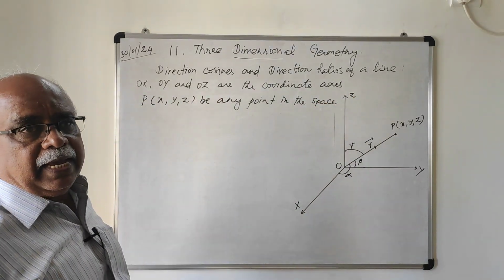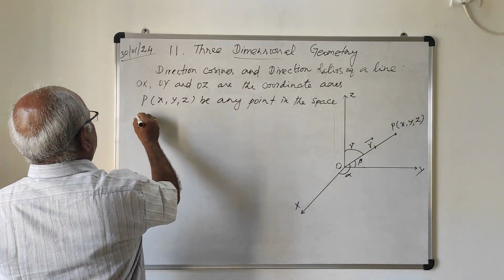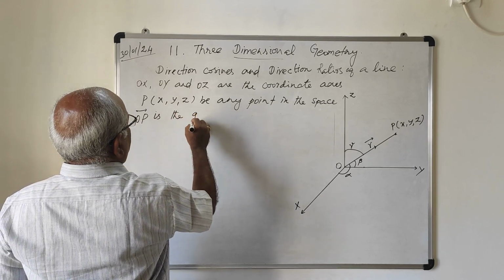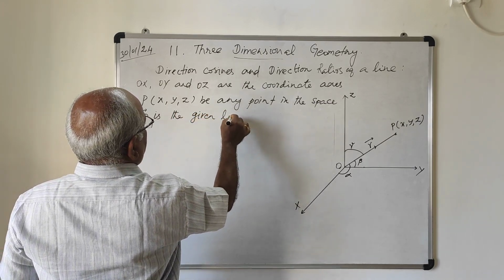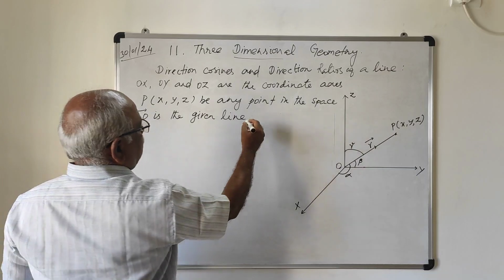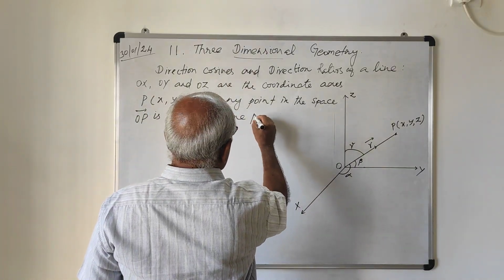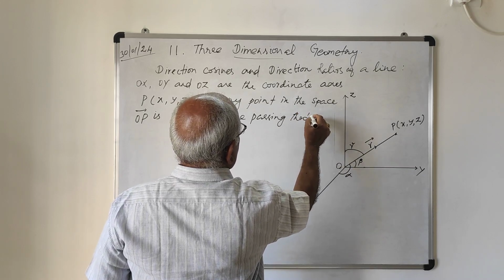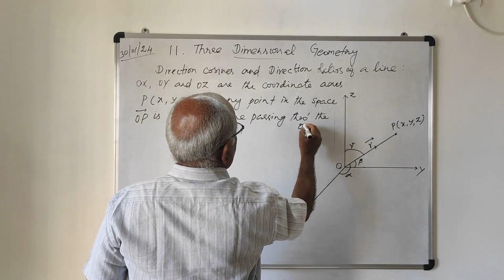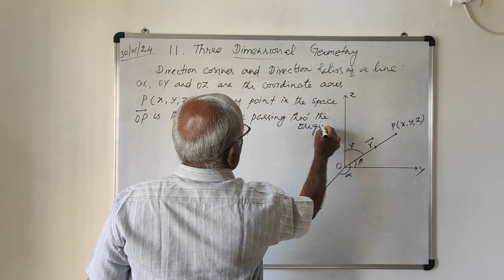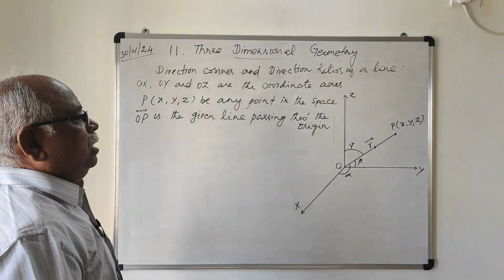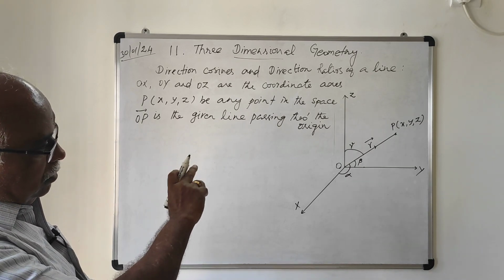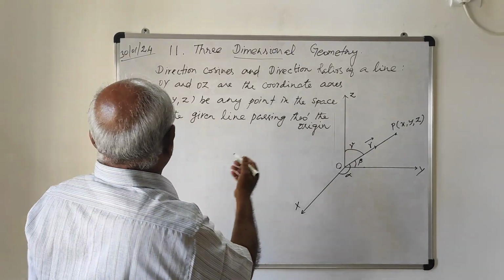OP is a given line passing through the origin. And that line OP is defined by a vector r.